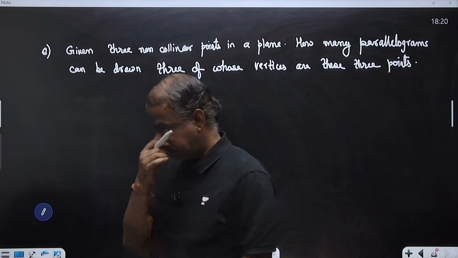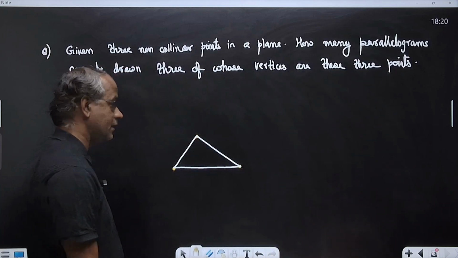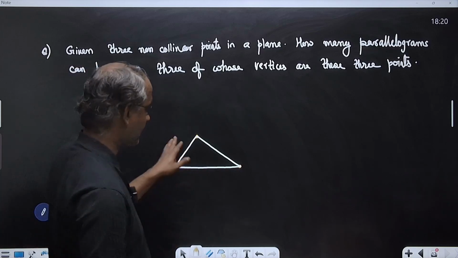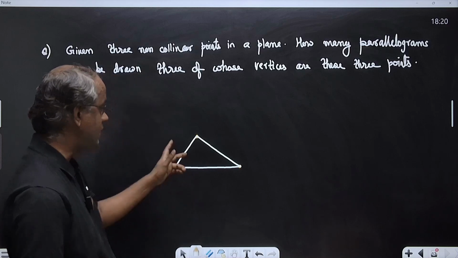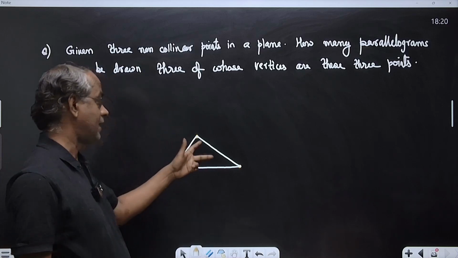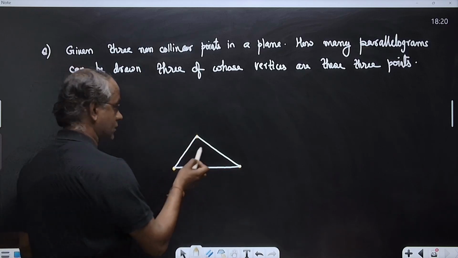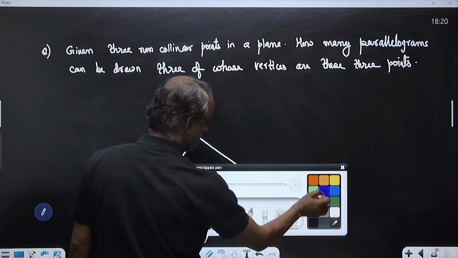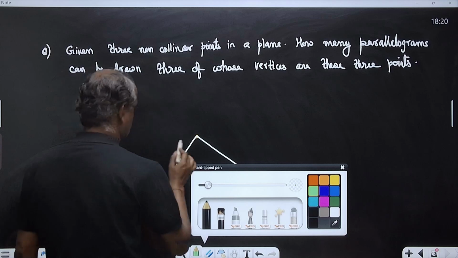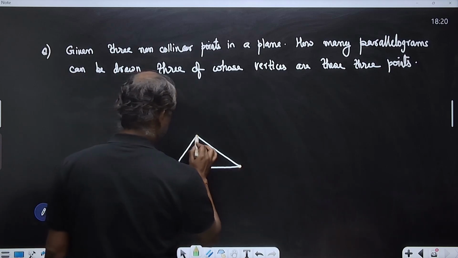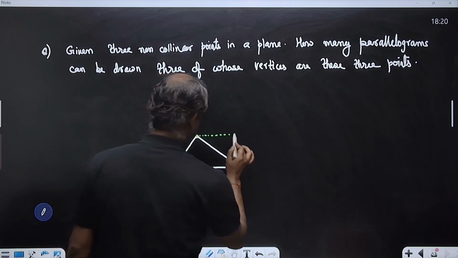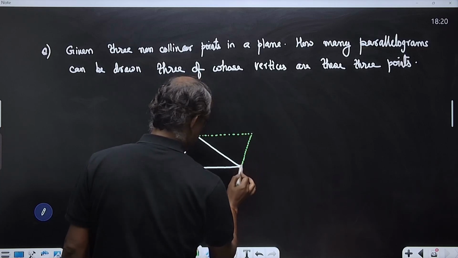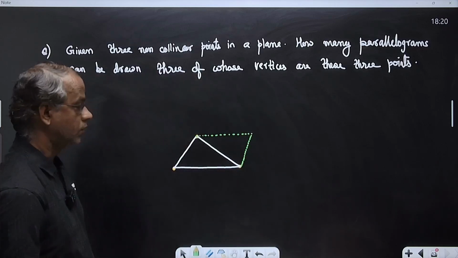So you can safely say, see what is the situation? You have 3 line segments being provided. You can treat 2 of them as sides and 1 of them as diagonal. Suppose I draw this one. One very obvious one is this one.